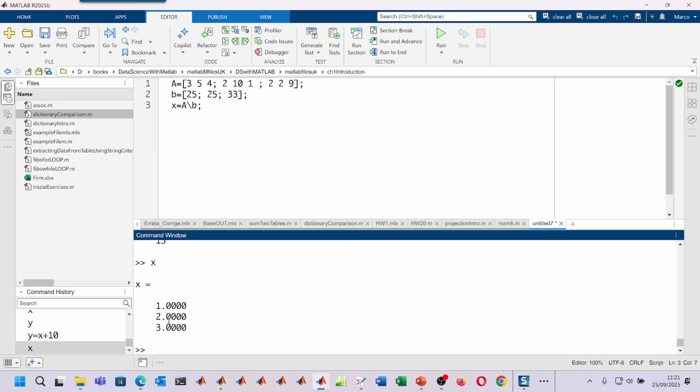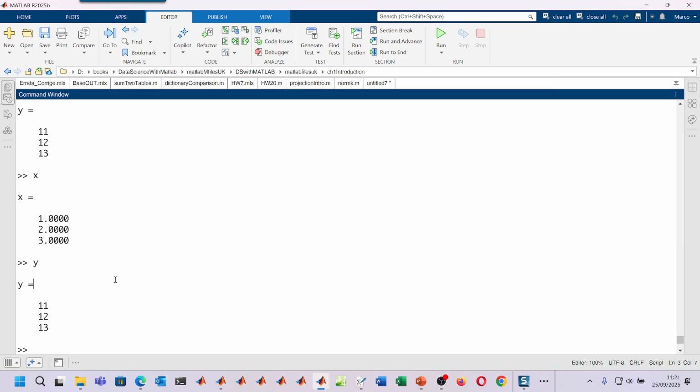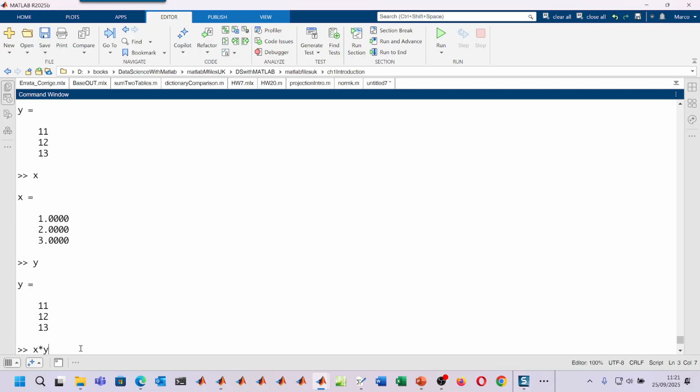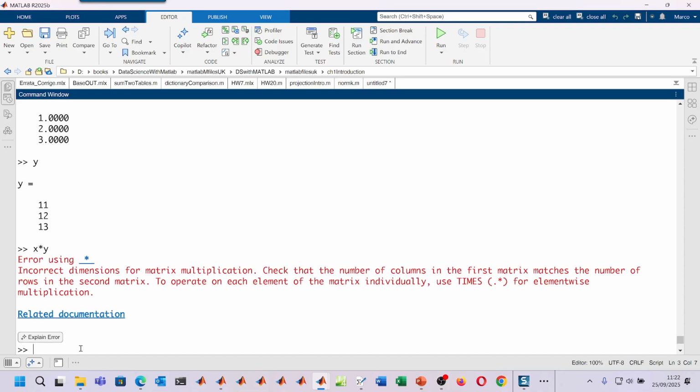So here you want to multiply each element of x by each element of y. If you do x times y, does it work? Absolutely not. Matrices are not conformable. Therefore, if you want to operate on each element of the matrix individually, use dot star.